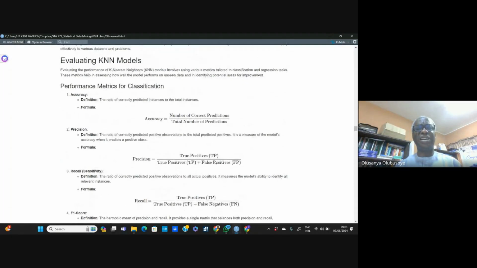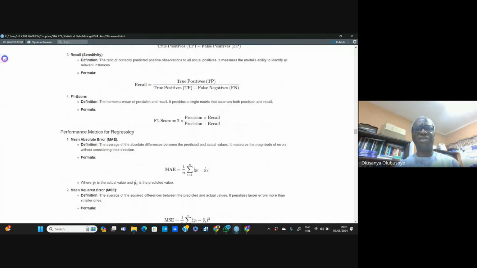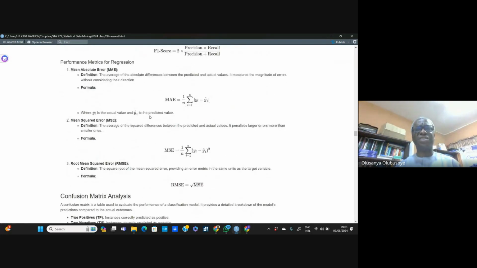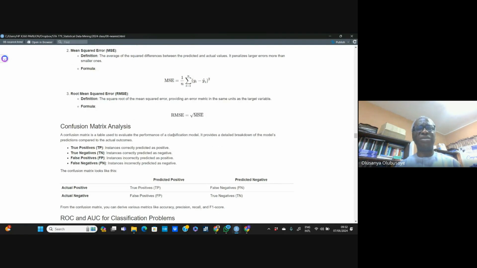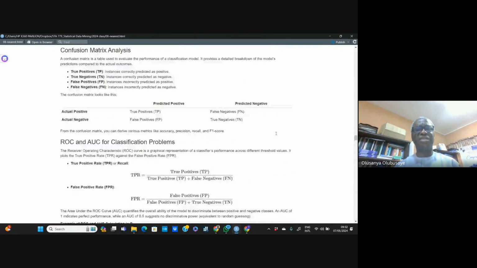Finally, there are different measures for prediction. You are already familiar with all of this: accuracy, precision, recall, F1 score. That's for classification. For regression, you have the mean absolute error, mean square error, root mean square error, and all of that.